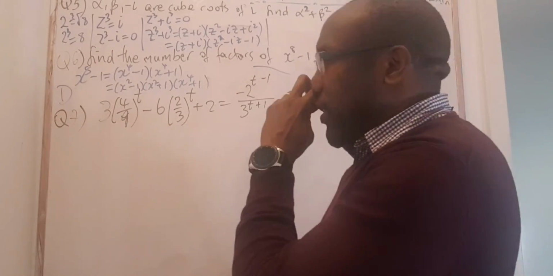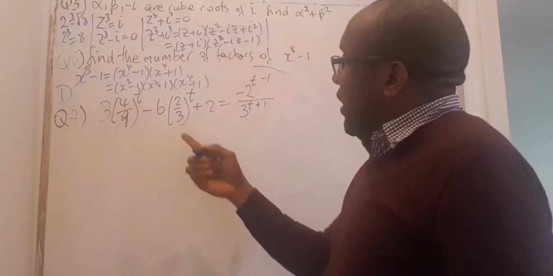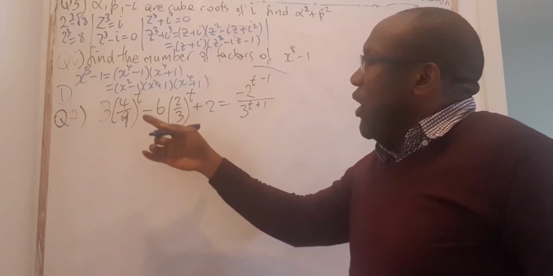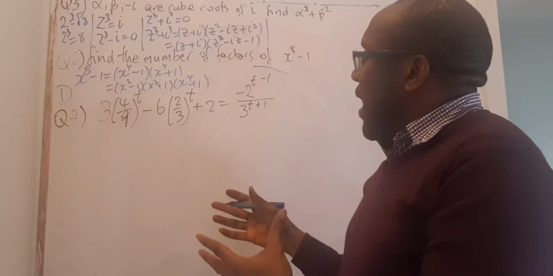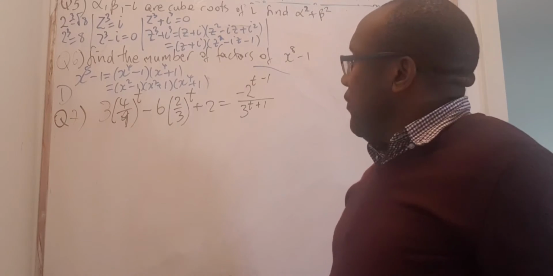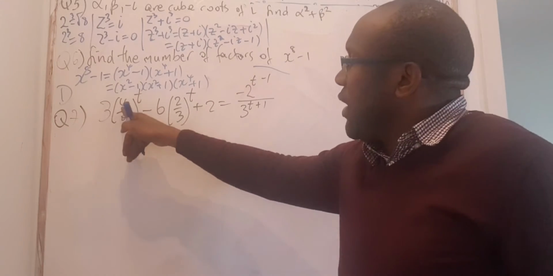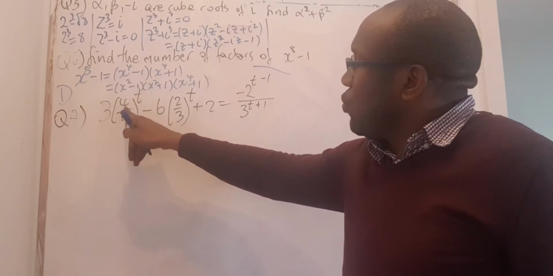So we had this exponential equation to solve. The key thing you would have learned is that you have to try to recognize bases that you can play with. For example, 2/3: I can see that 2/3 can also be played here because this is 2 squared over 3 squared.